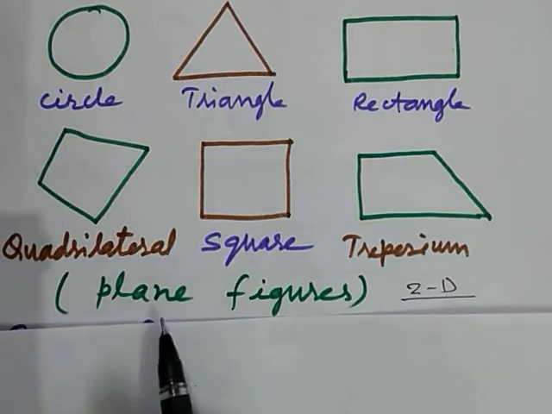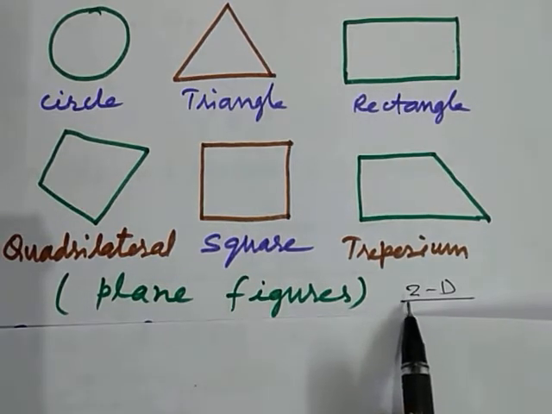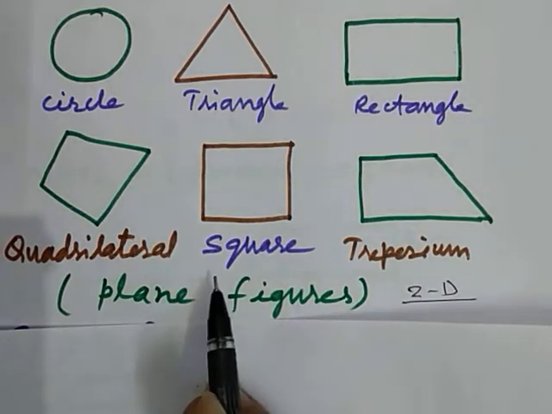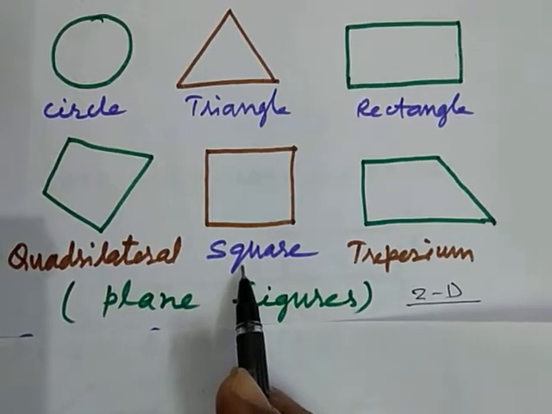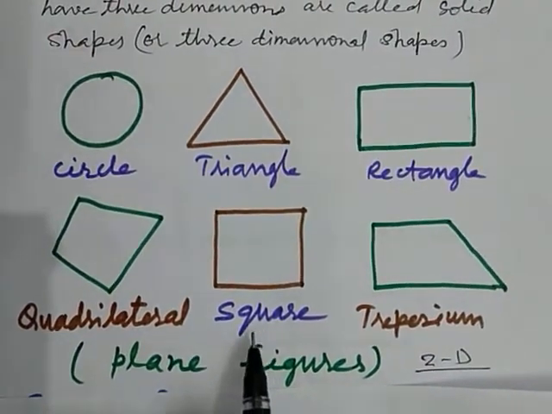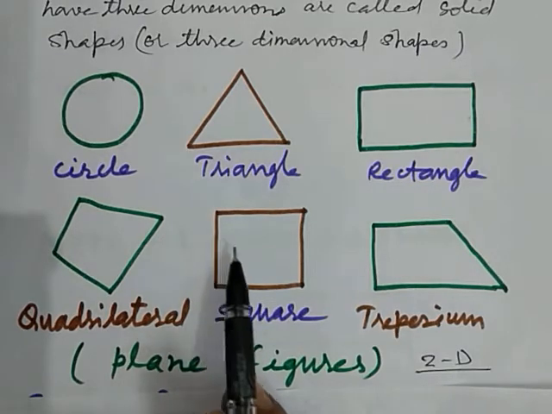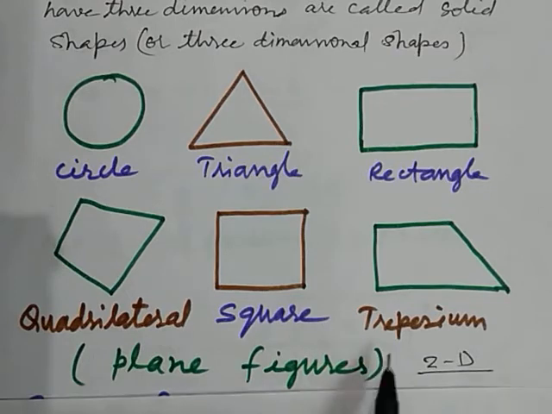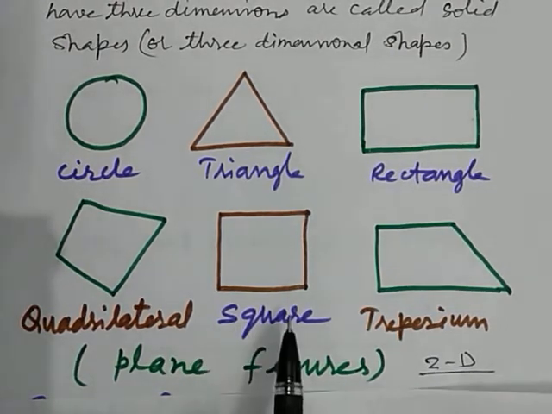These are all plane figures, that is, 2-dimensional figures. They can be drawn on paper or a blackboard. Okay, they don't have a 3rd dimension, that is depth or height. So this type of figure is considered a plane figure, a 2-dimensional figure. So remember this.